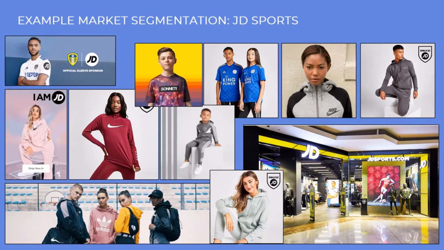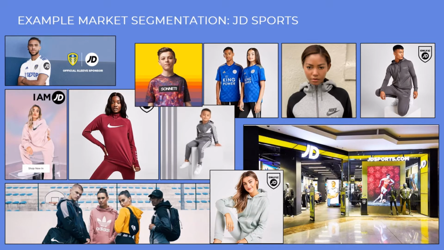And then what they also do is a little bit about income as well. They do offer certain brands that cost less than others. For example, things like Champion will cost a lot less than some of the Adidas and Nike stuff. What you'll also see is that they have things to do with people's interests.